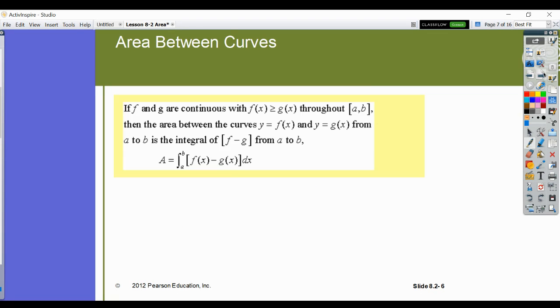So the formal definition is: if f and g are continuous, and f of x is greater than g of x on the entire interval, then the area is the integral of f of x minus g of x dx. If they cross each other, we have to break it into parts. But as long as over the whole interval one of them is bigger than the other, we can find the area by subtracting those 2 and integrating on the interval.